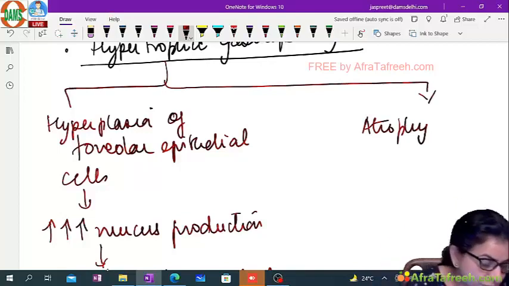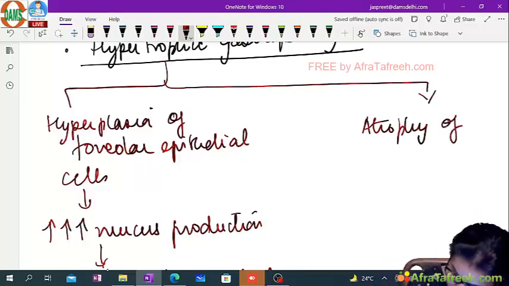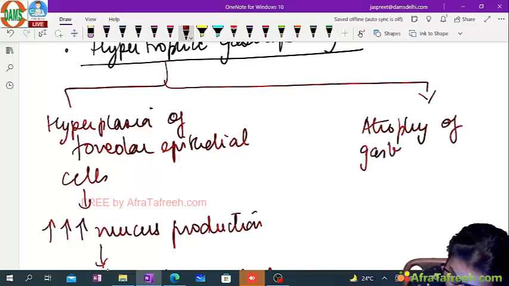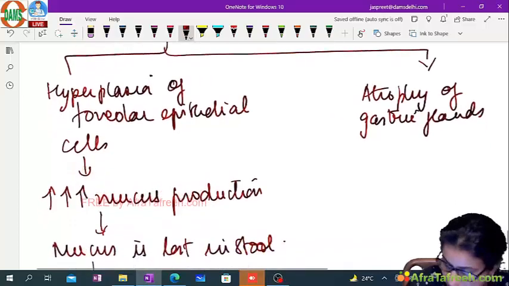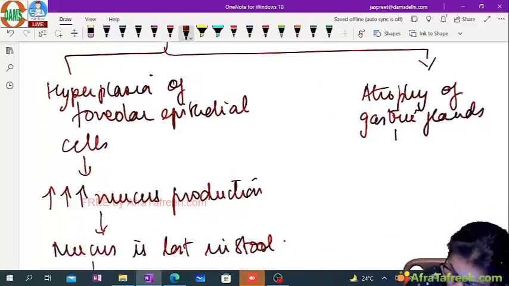So there is atrophy of these gastric glands. The gastric glands contain parietal cells, so there is decreased parietal cells.